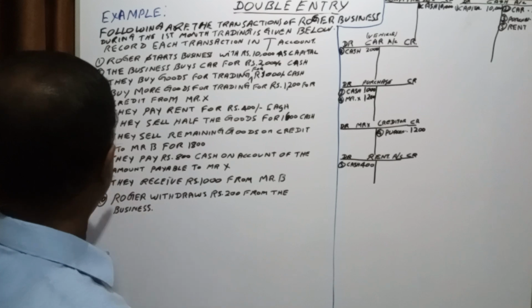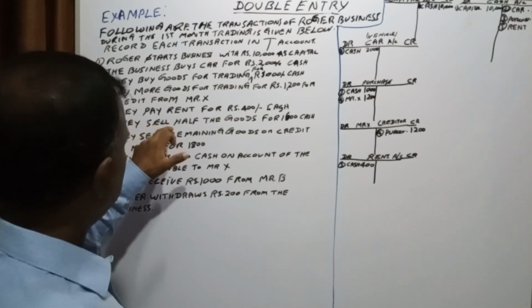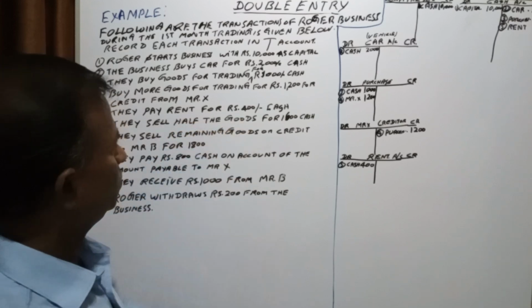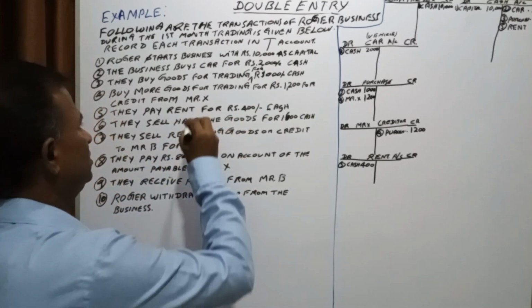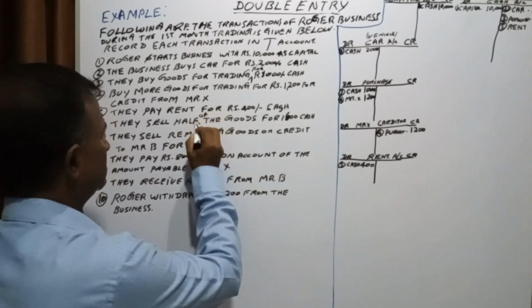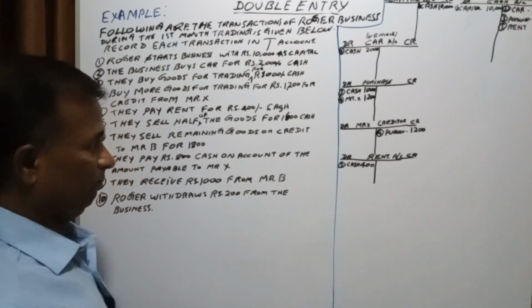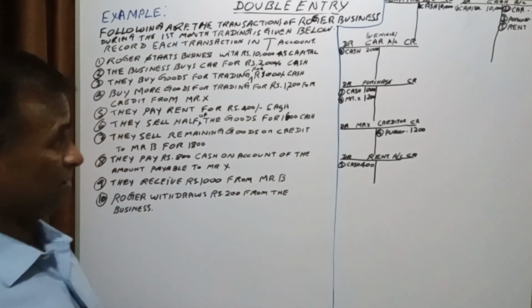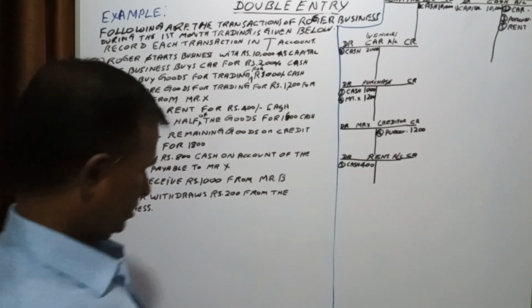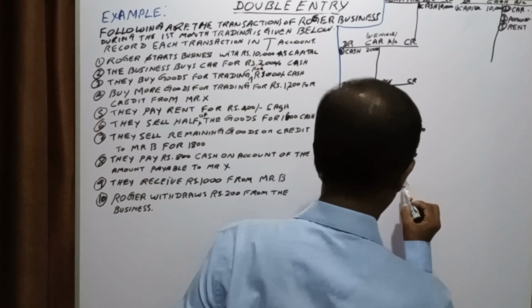Next, you will see adjustment number 6 says they sell half of the goods for 1,600. Half of the goods they sell for 1,600. Then we have to open another T account, sales, for the sales.